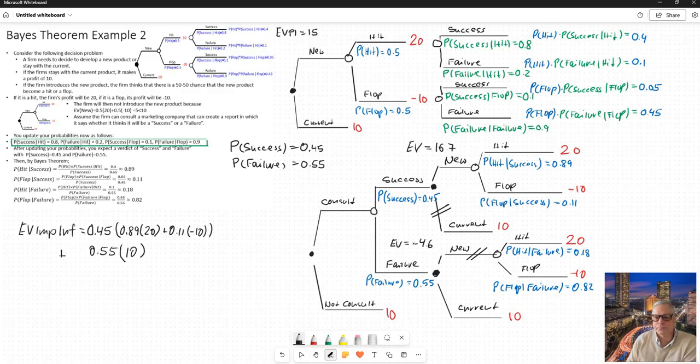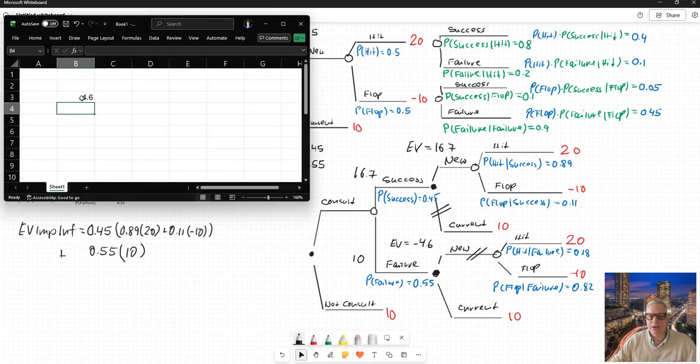Okay, so when they come back with a failure, you expect an expected value of 10. If they come back and tell you they think it will be a success, you get 16.7.